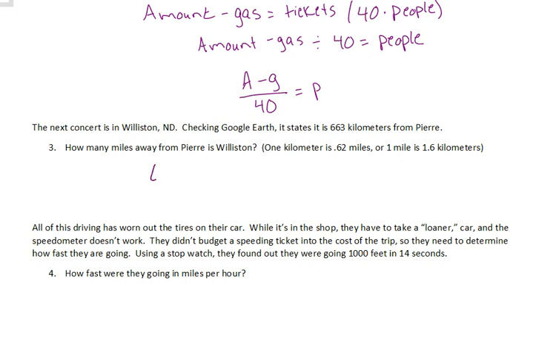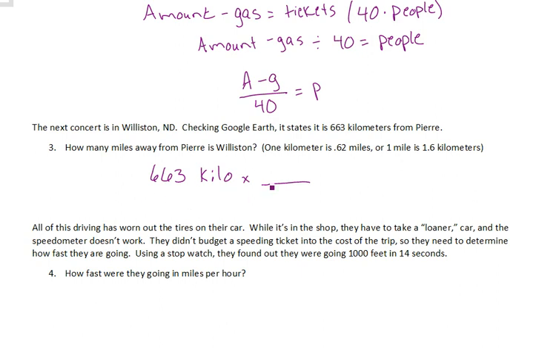We understand that we have 663 kilometers. Okay, we want to convert that over to miles. So what we're going to do is multiply by something that, again, this is the fun part of algebra, we're going to rewrite the number 1. We can rewrite the number 1 however we want. 2 over 2, 3 over 3, negative 6 over negative 6, and that's not going to change our problem.